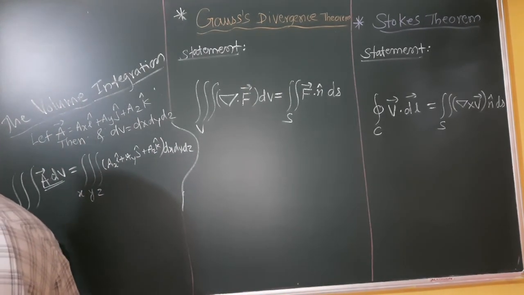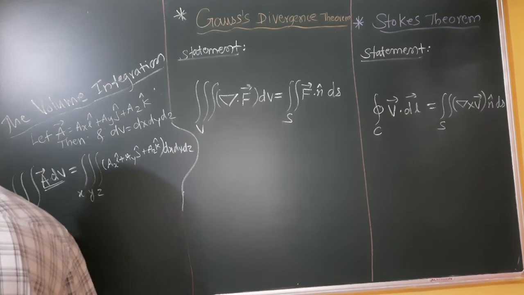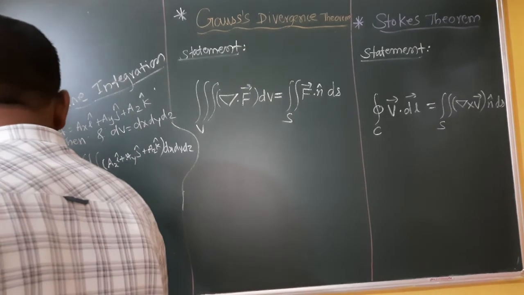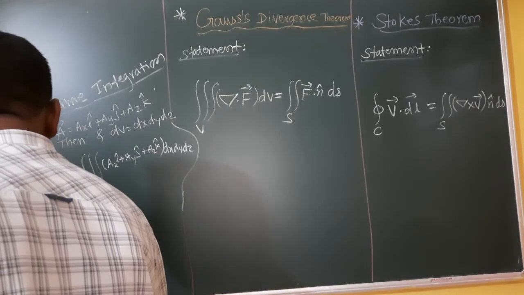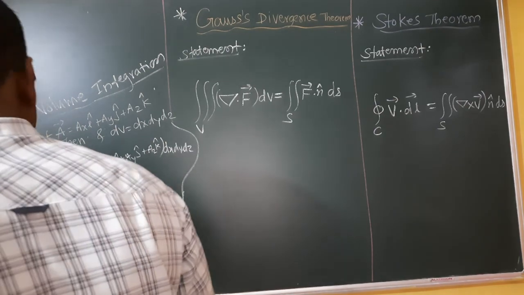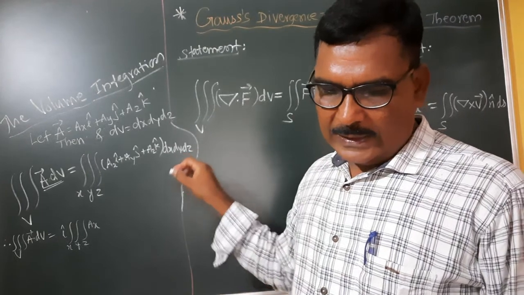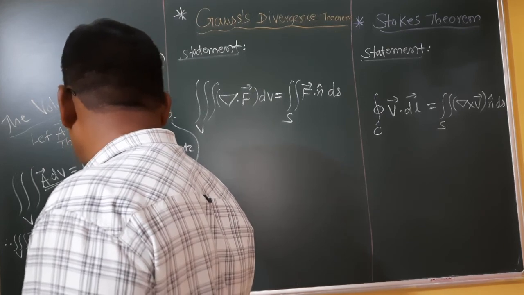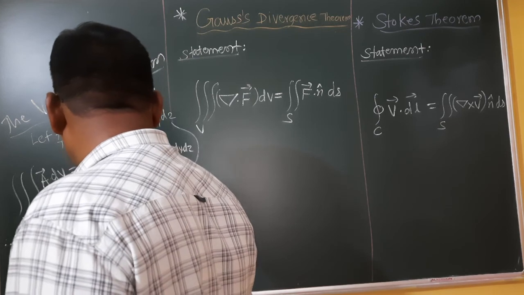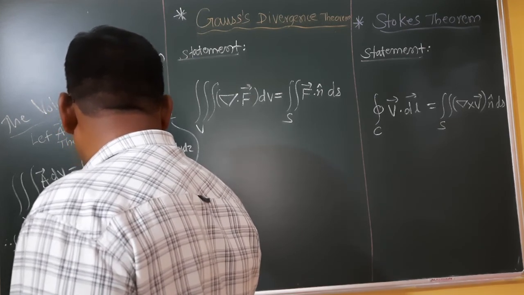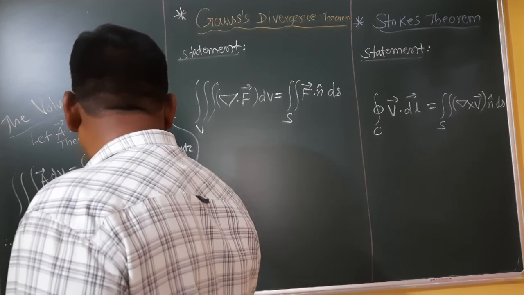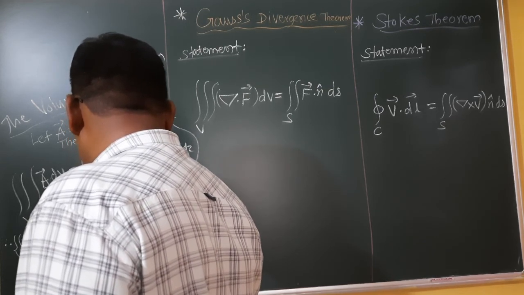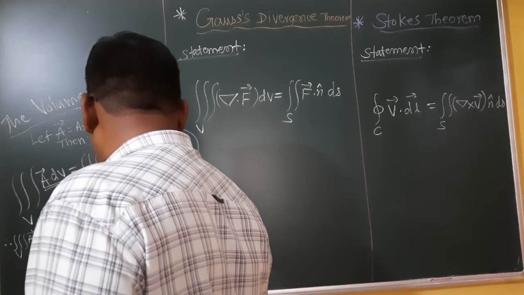Therefore the volume integration of A bar dv equals i cap times the triple integration over x, y, z of Ax dx dy dz, plus j cap times the triple integration of Ay dx dy dz, plus k cap times the triple integration of Az dx dy dz.